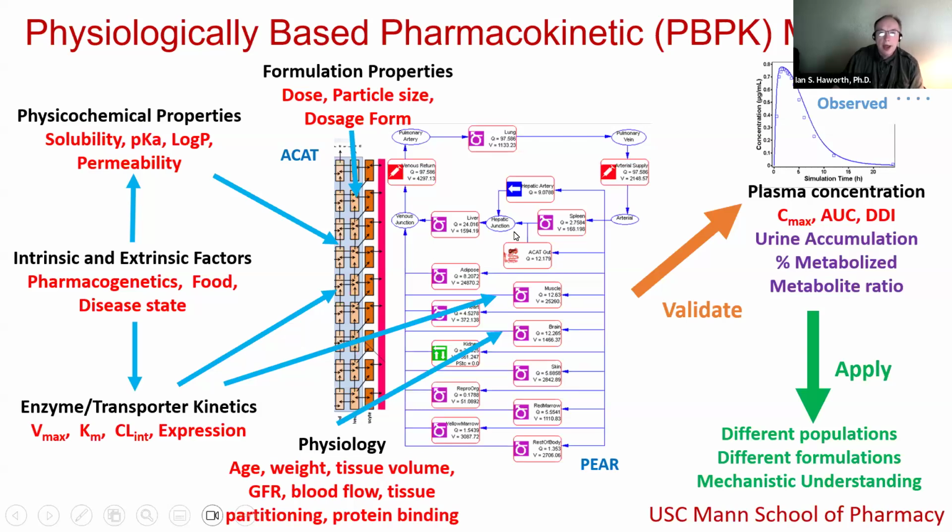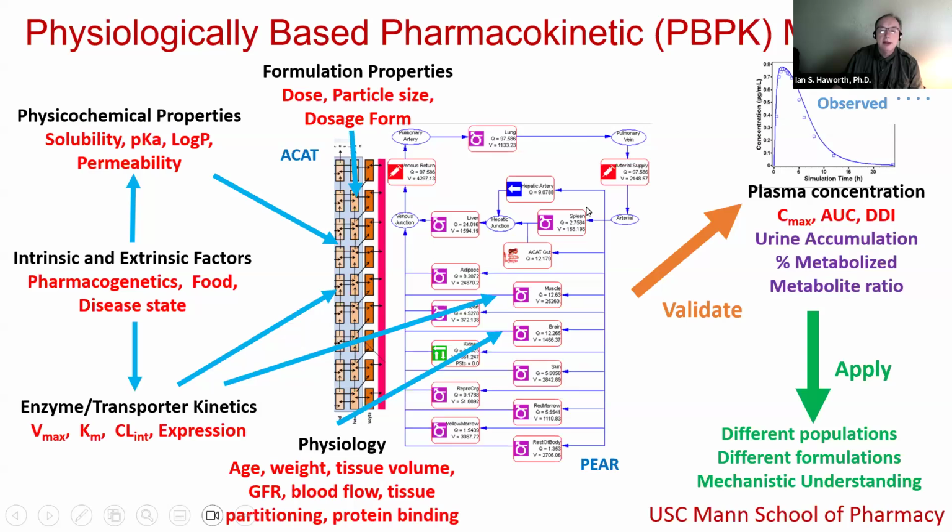Once we've got all of that, we go to the PBPK model. I'm really going to skip over the details here, but basically in GastroPlus, you have the so-called ACAT model, which deals with absorption, and it allows you to model the progress of the drug as it moves through the stomach and the small intestine. The drug then is absorbed eventually into the portal vein and eventually into the liver.